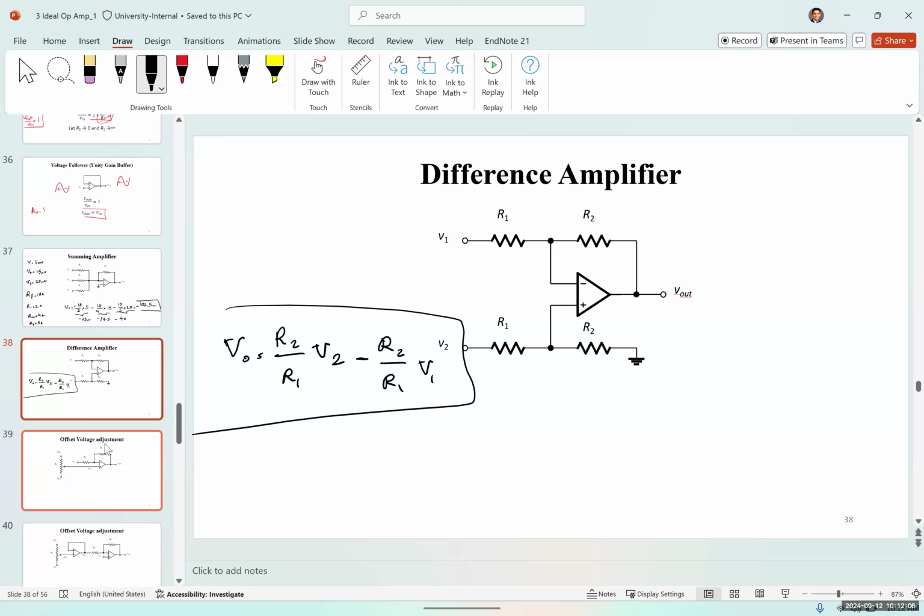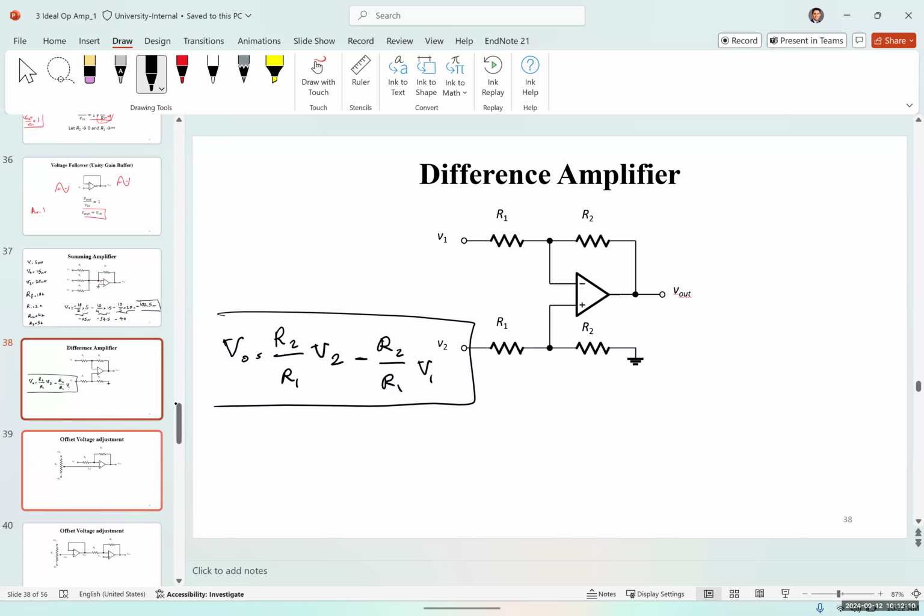Now let's solve a practice problem for this type of amplifier. So imagine R2 is 25K and R1 is 1.25K.